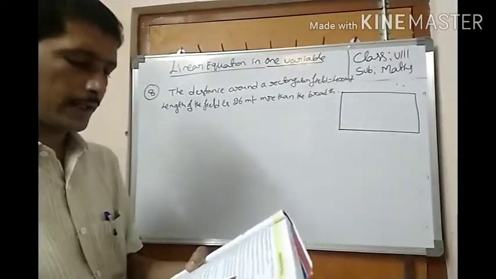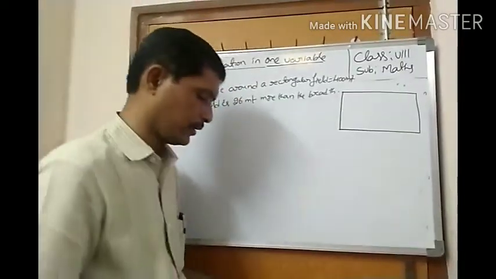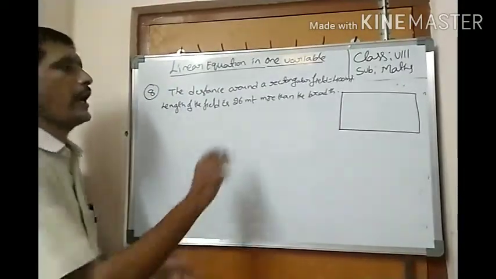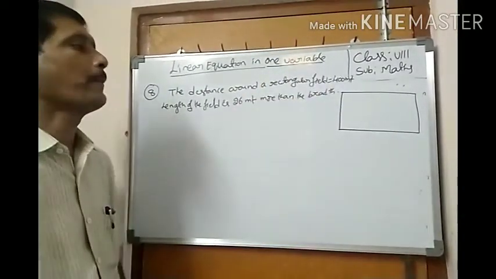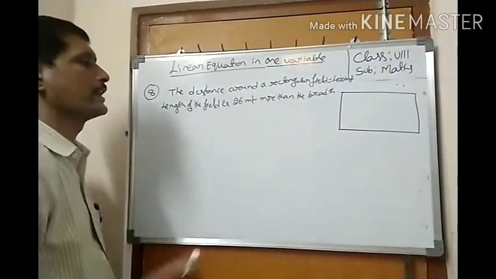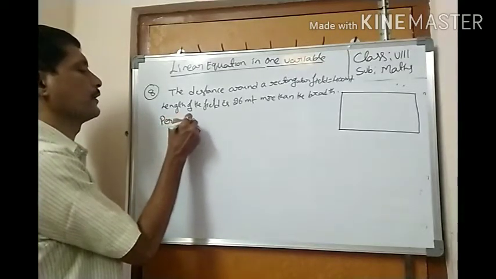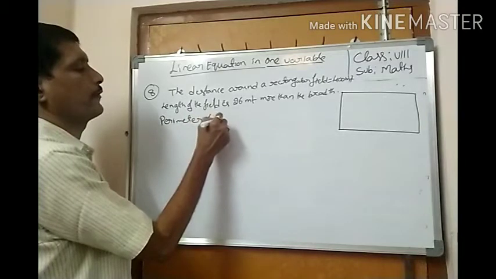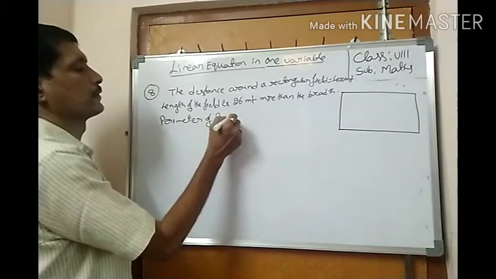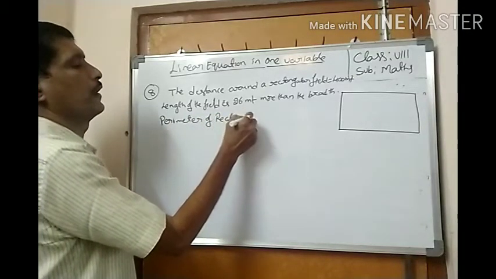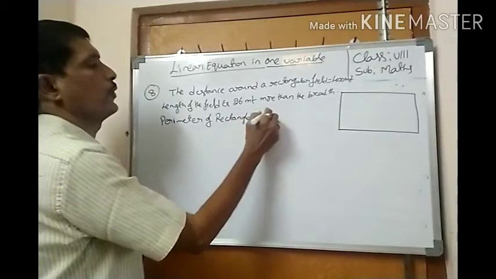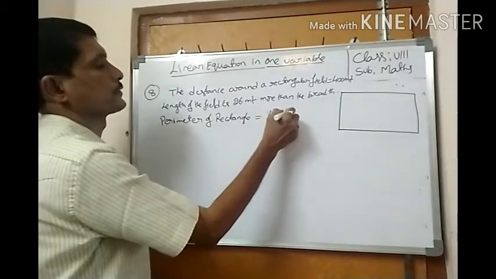Here it asks to calculate the length and breadth. The distance around a rectangular field, that is the perimeter of the rectangle, is given. Perimeter of the rectangular field is equal to 400 meters.